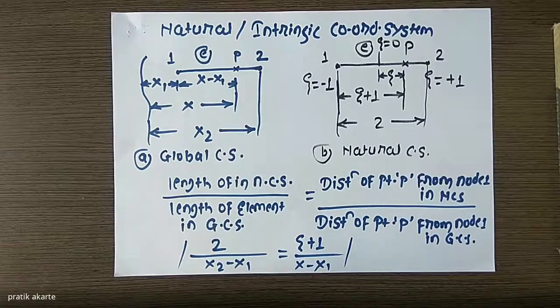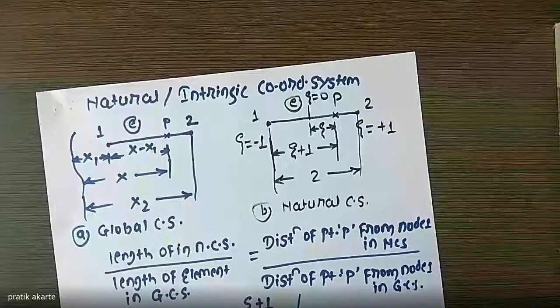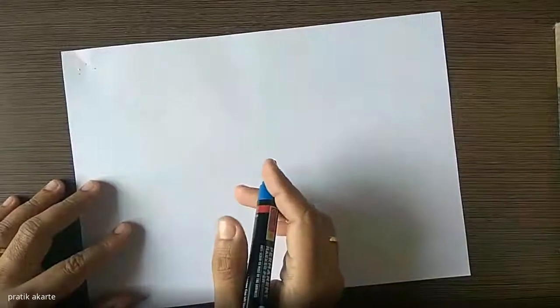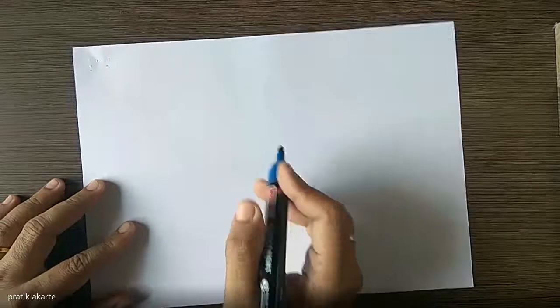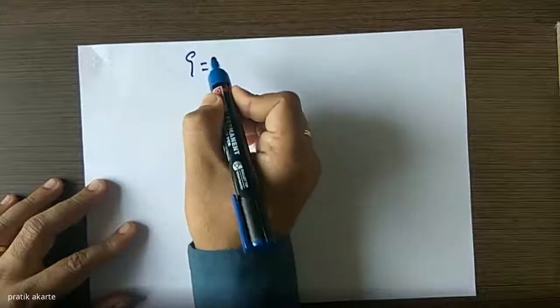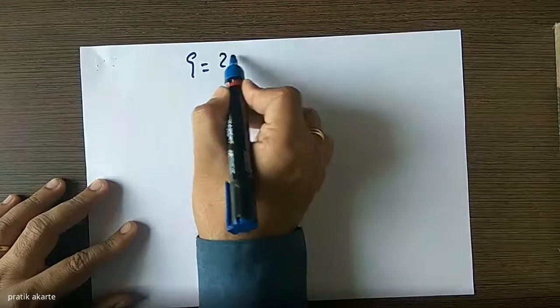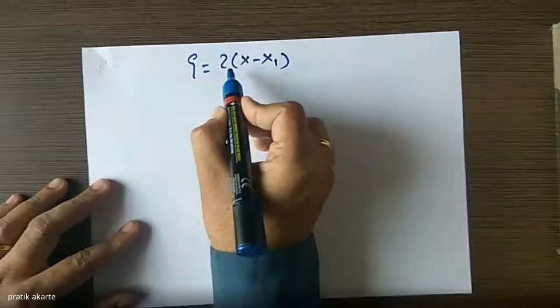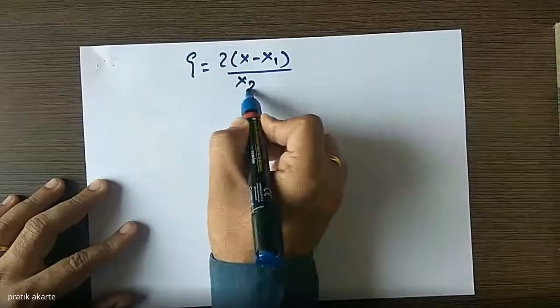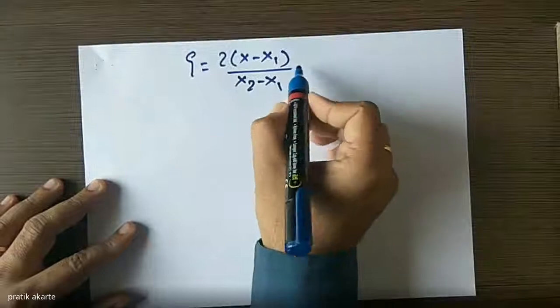Now we put in some mathematical formulation. To confirm the validity, we'll write zeta equal to 2 times (x minus x1) upon (x2 minus x1), minus 1.